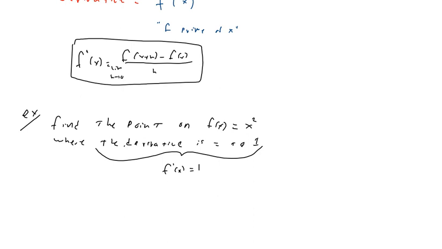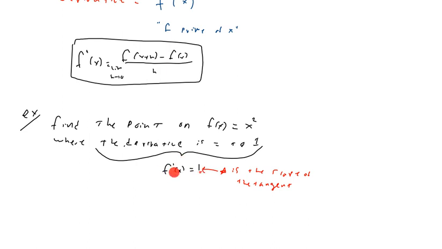So this value right here of 1 is the slope, the slope of the tangent line. That number represents a slope, and I know that it is a slope because it is attached to a derivative.